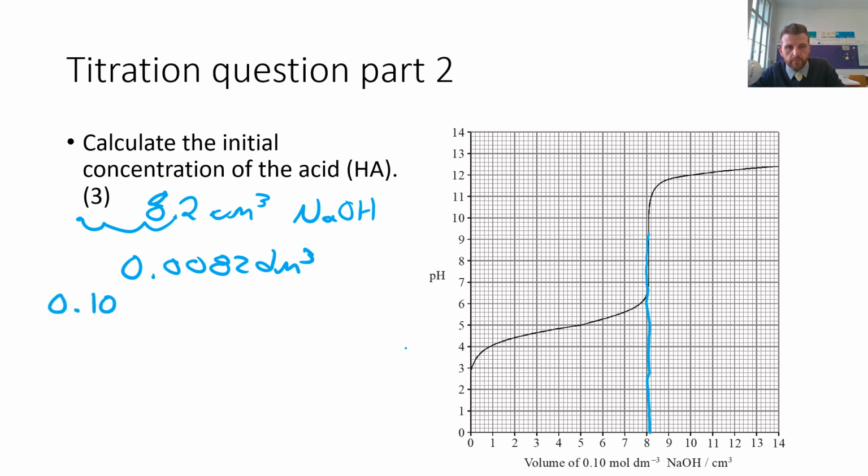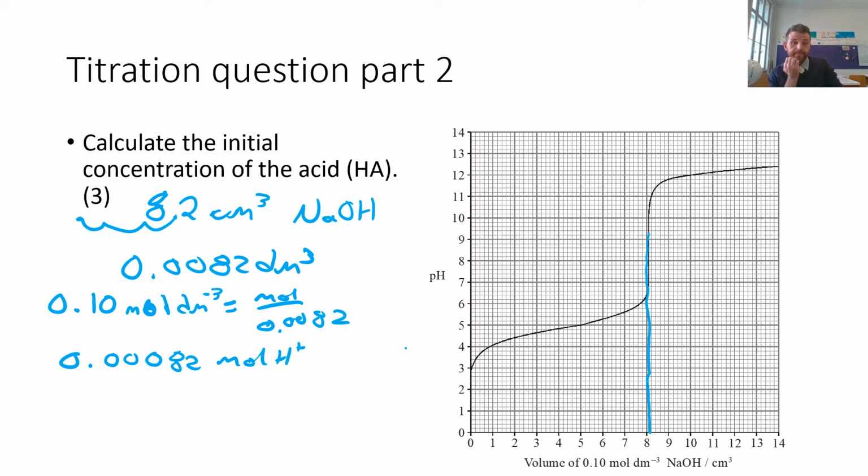And if I have 0.10 mole per decimeter cubed is equal to moles over 0.0082, then I know I've got 0.0082 moles of H plus in the solution. Therefore, I've got to find what that initial volume was.